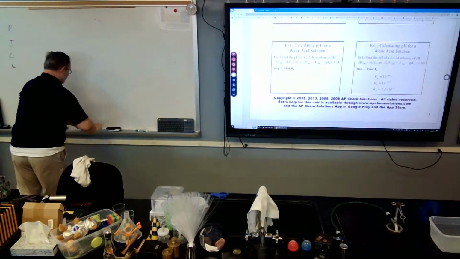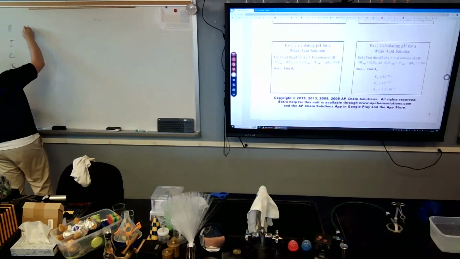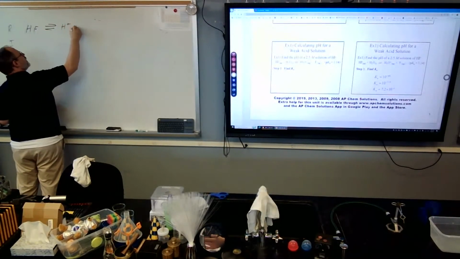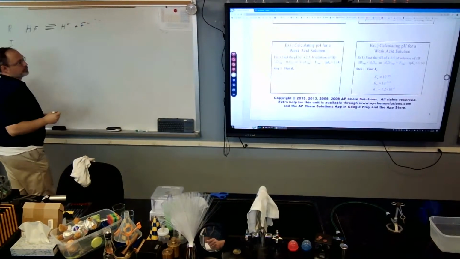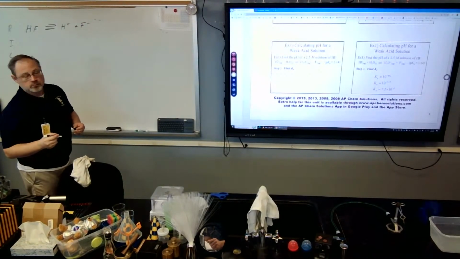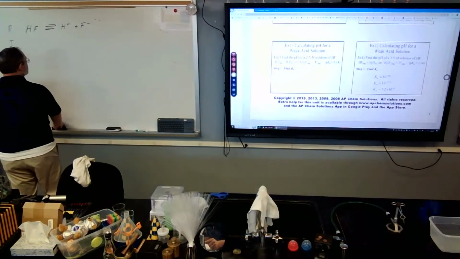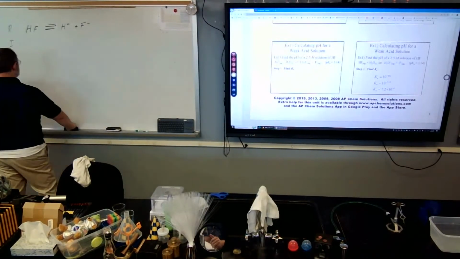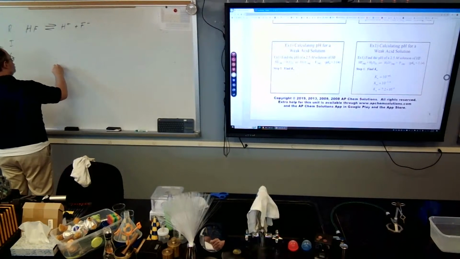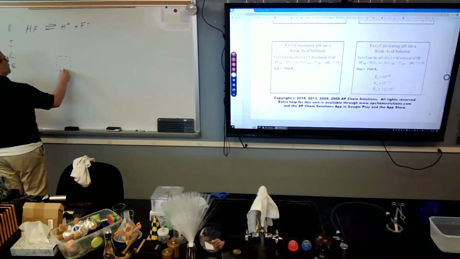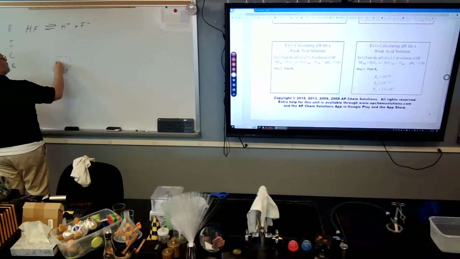Our reaction is HF in equilibrium with H plus and F minus. When it says, what is the pH, it's looking for this number that we can then take the negative logarithm of, because this is going to be the H3O plus concentration.